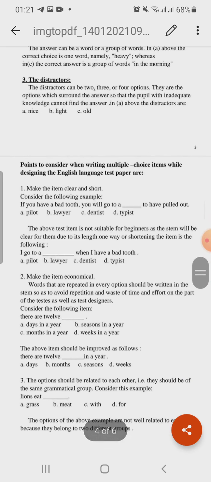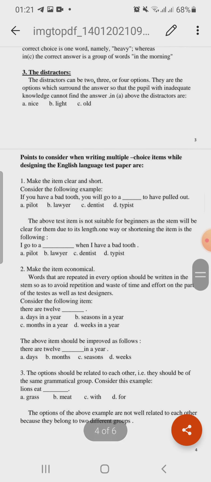Number 3, distractors. The distractors can be 2, 3 or 4 options. They are the options which surround the answer so that the pupil with inadequate knowledge cannot find the answer. In A, above, the distractors are nice, light and old.